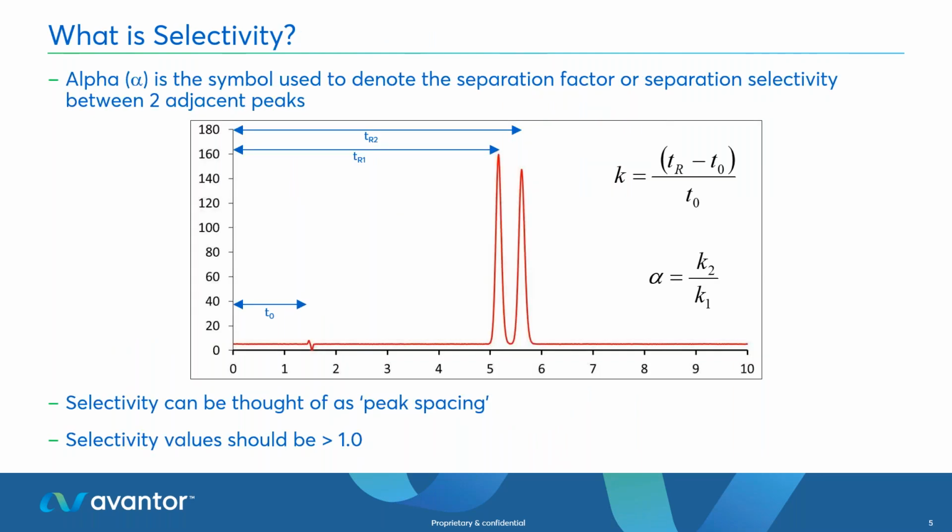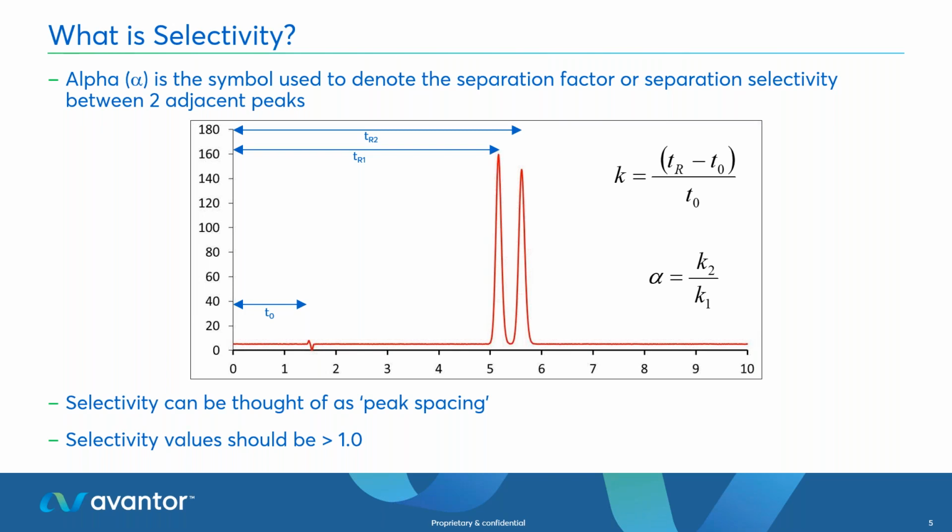We need to think about a few parameters in our chromatogram, and most of us, we're trying to separate out more than one peak. So the main aim of our separation of our HPLC is to pull these peaks apart. So we need to think about the retention of our compound.